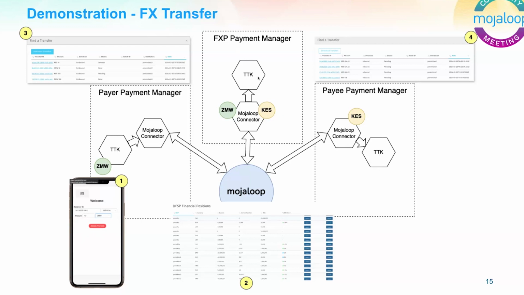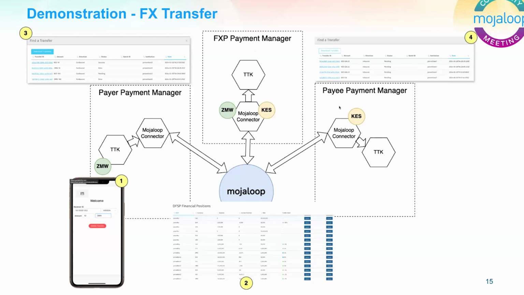And also there is one more TTK on the FXP payment manager. So you can see we deployed FXP also as a payment manager. So we have TTK to simulate the FXP backend. So it uses the same Mojaloop connector as a DFSP deployment.